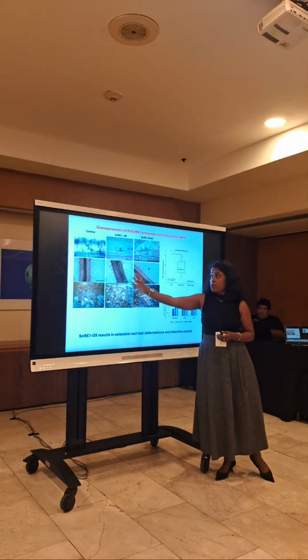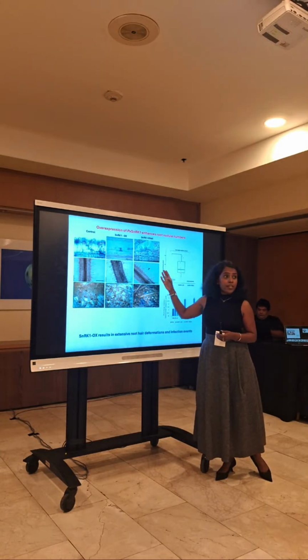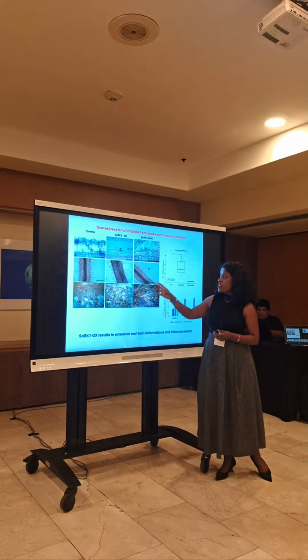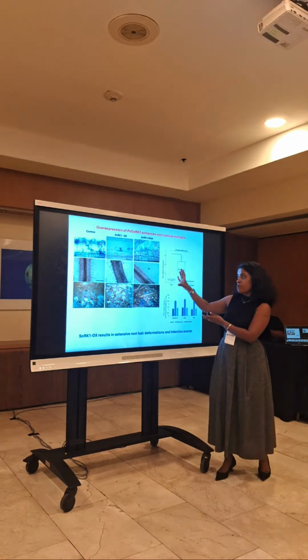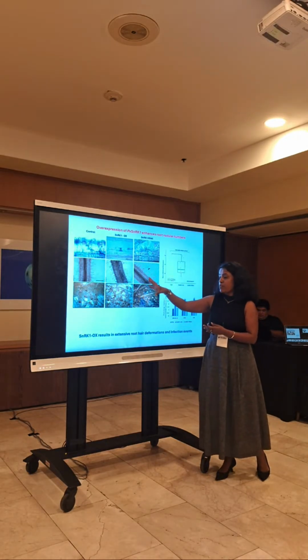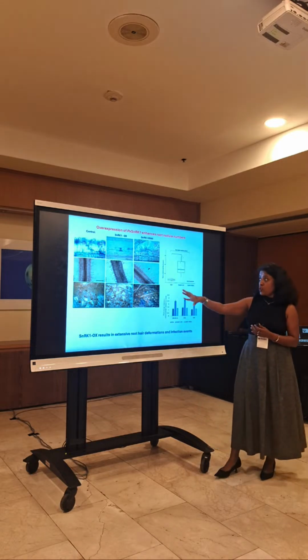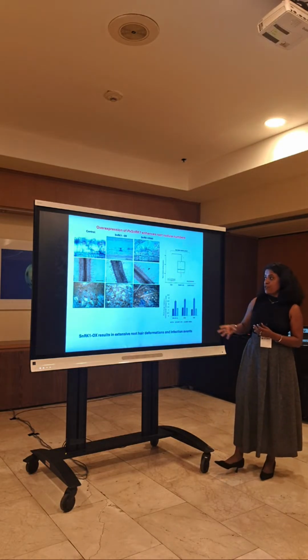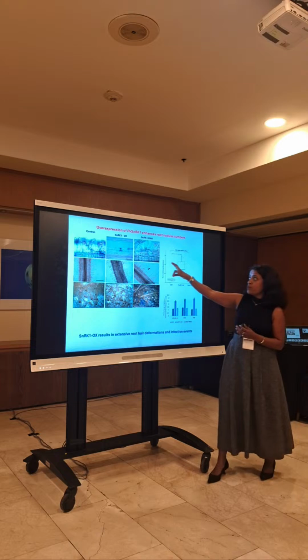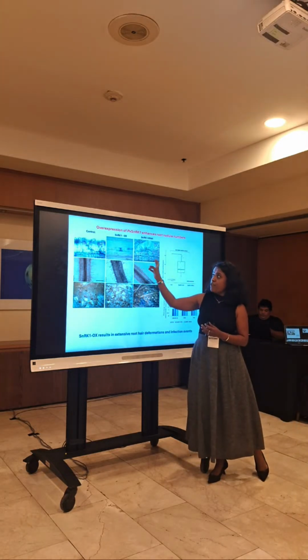And in comparison to the control, the knockdown phenotype was also comparable to the controls, not only in terms of root hair deformations, but also in terms of the phenotype of the infection thread, okay?